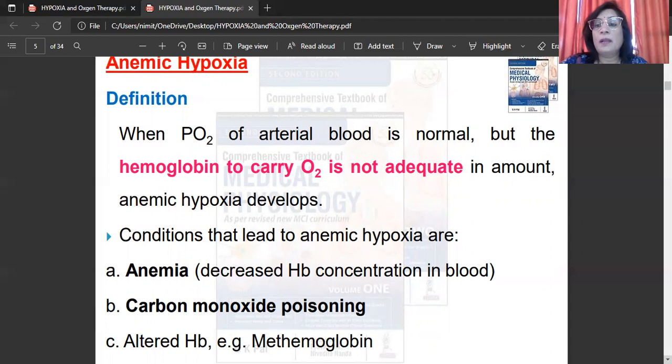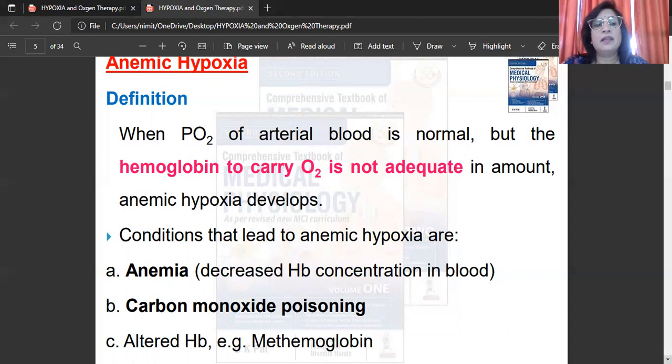What will happen is that hemoglobin is not available to carry sufficient oxygen. When can we see this altered hemoglobin? In methemoglobin. This will again lead to anemic hypoxia.